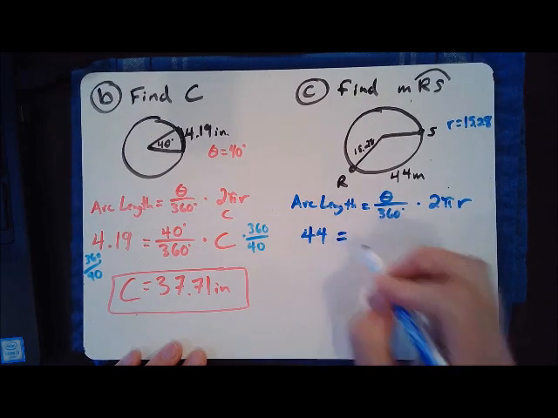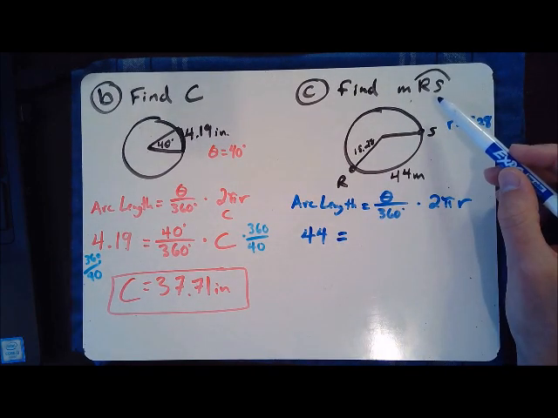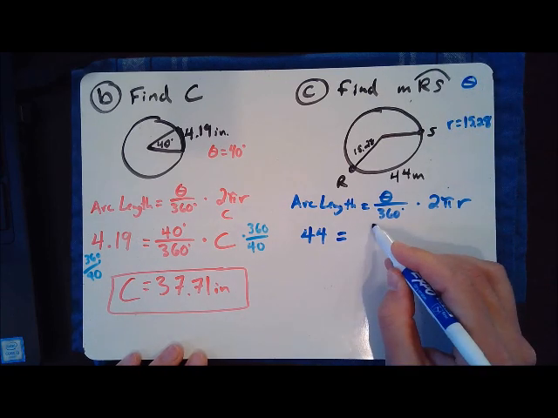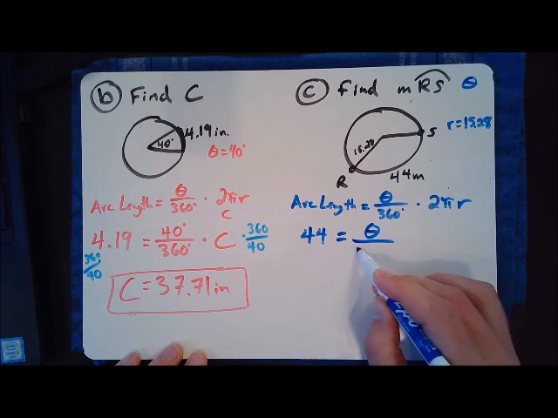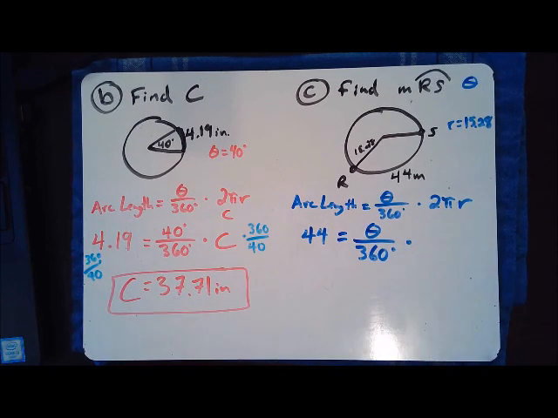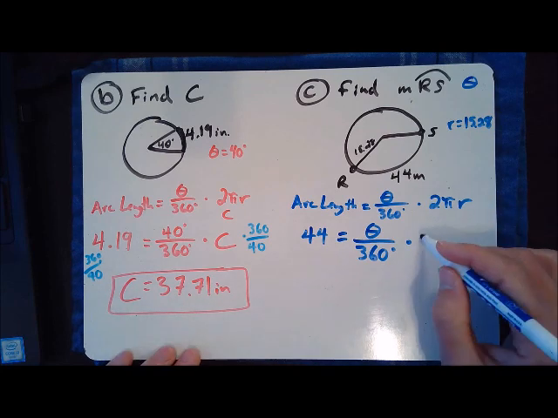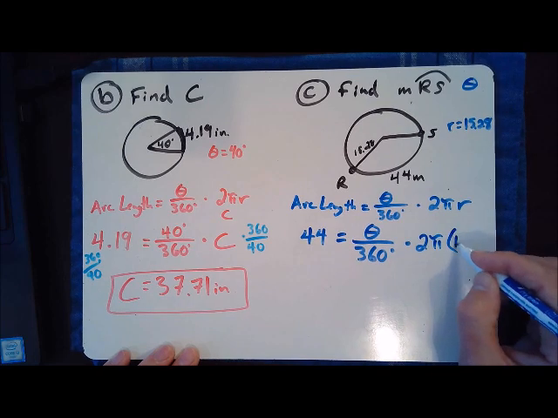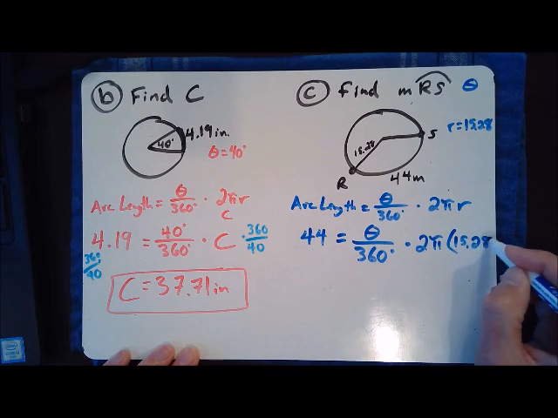So 44 equals, I'm looking for the measure of arc RS, and that is theta. So I'm going to leave that as the variable theta over 360 times 2 pi r, so 2 times pi times the radius of 15.28.